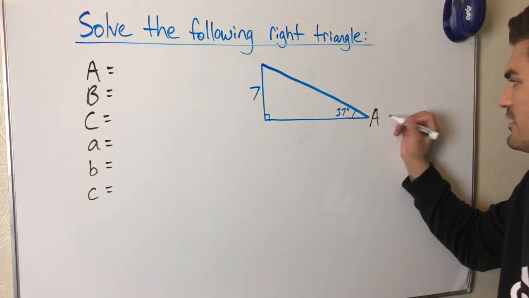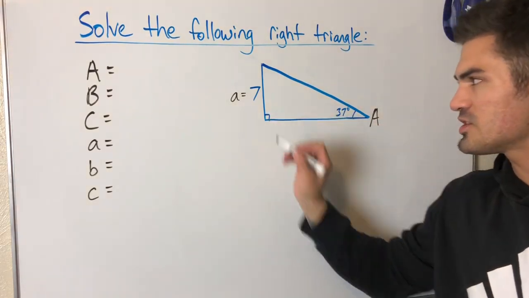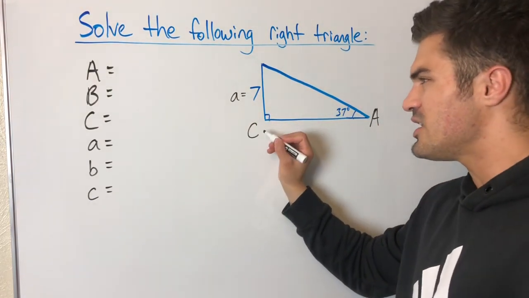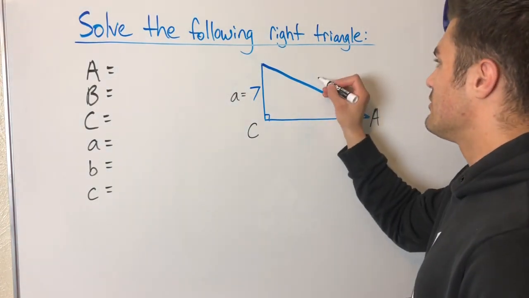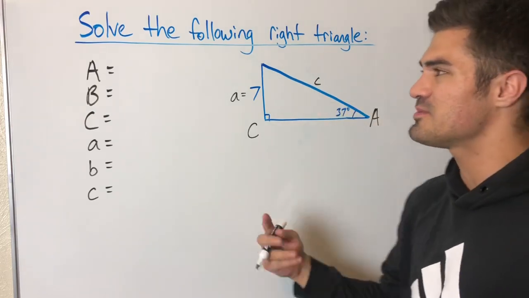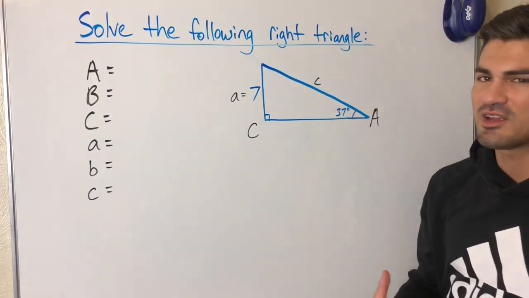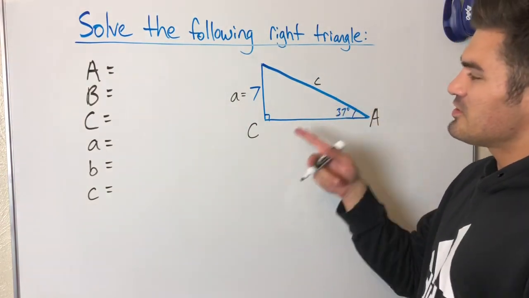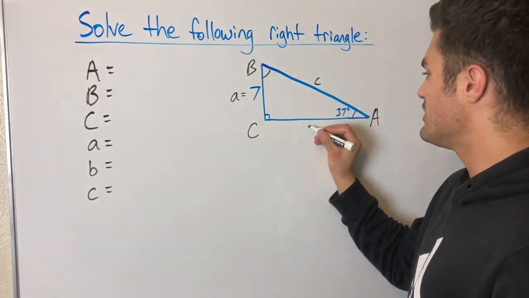If this is angle A right here, then this is side a because it's directly across from it. This is angle C, and we normally do call the 90-degree angle C, just by convention. Most people do that. So this would be side c, and it makes sense because of the Pythagorean theorem, a squared plus b squared equals c squared. The c is the hypotenuse, right? So it does make sense. And then if this is angle B, then this is side b.